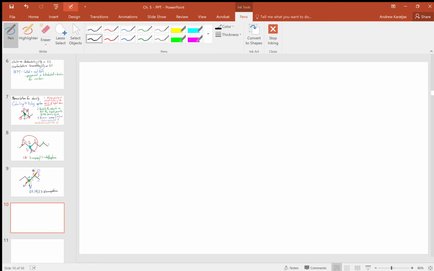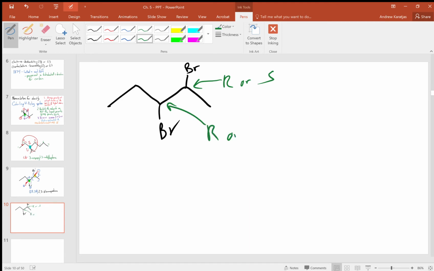So if we go back to this example that we just looked at, the 2,3-dibromopentane, we could ask how many different isomers are possible for this molecule. And if you think about it, either chiral center could be R or S, depending on whether that bromine is forward or back.